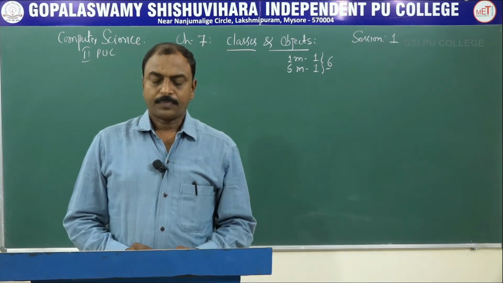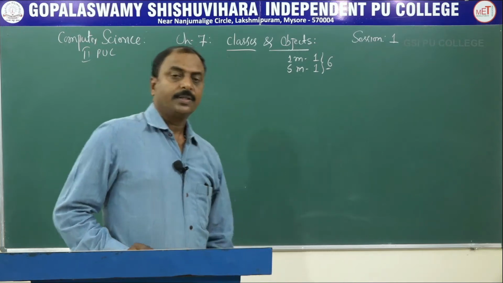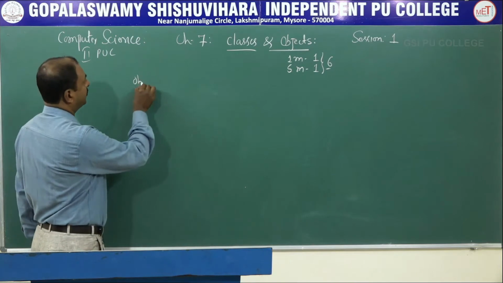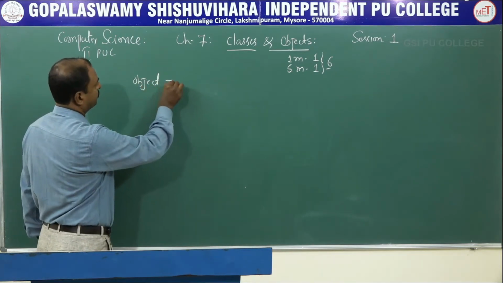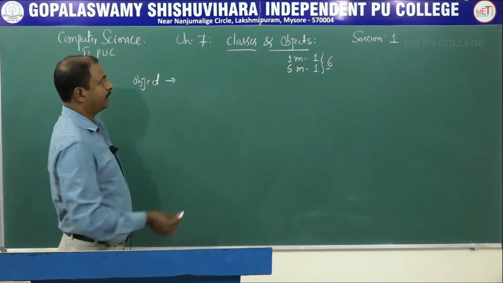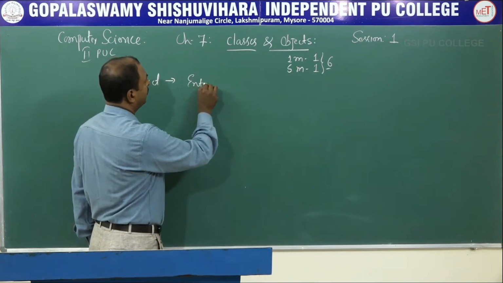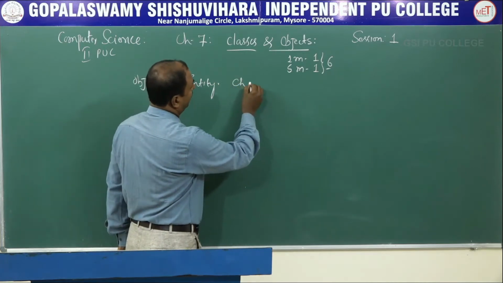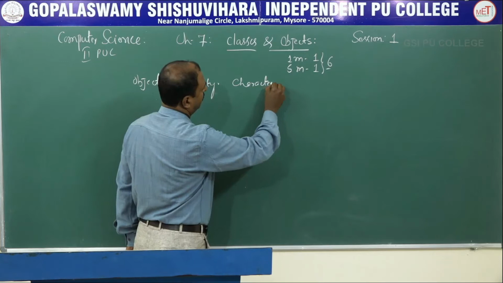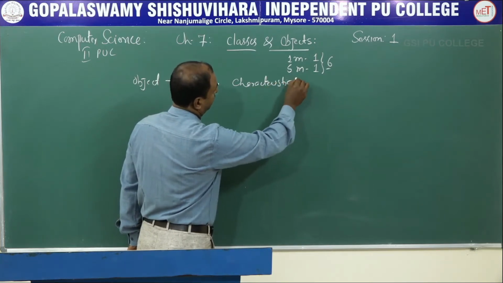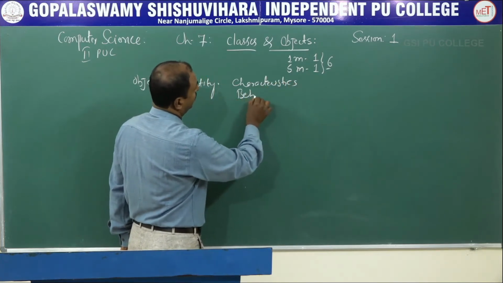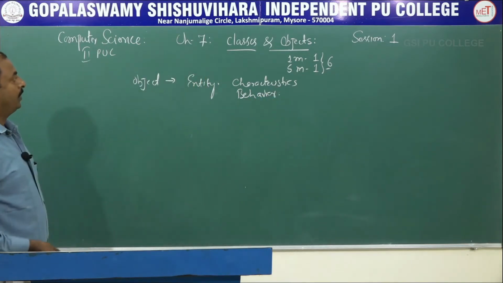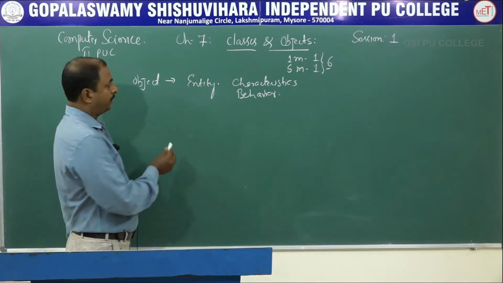Okay. In previous chapter, you have learned the basic definition of object. What is an object? Object is an entity having some characteristics and behavior. Now, how do we represent this object?